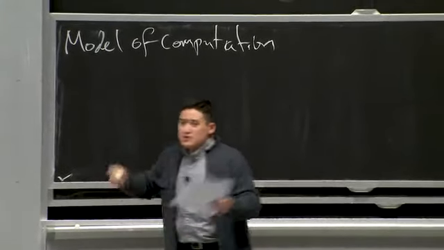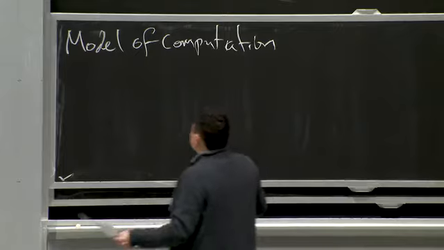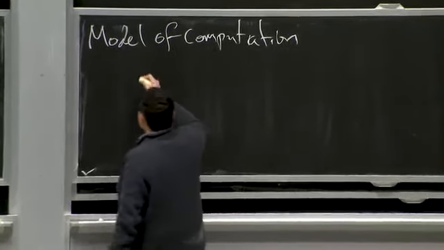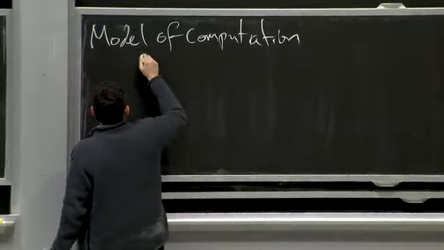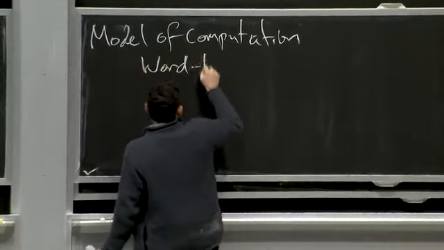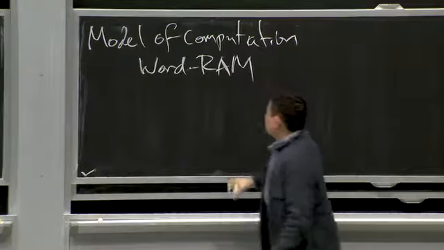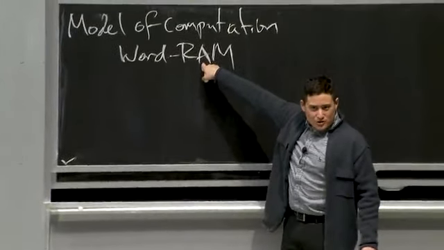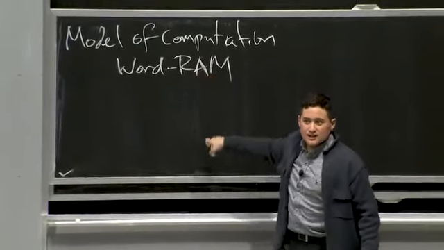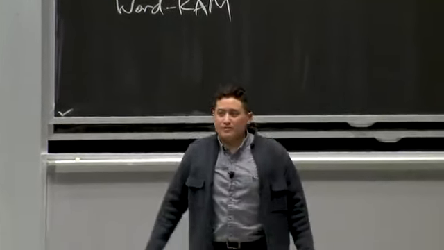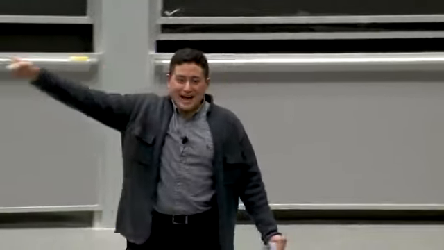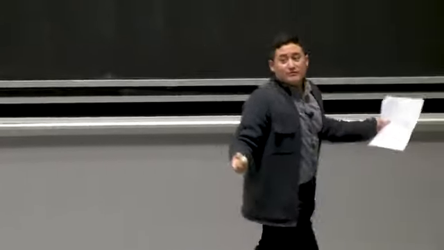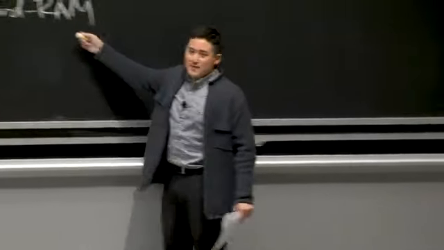In general, what we use in this class is a machine called a word RAM, which we use for its theoretical brevity. Word RAM is kind of a loaded term. What do these things mean? It means I have, does someone know what RAM means? Random access memory. It means that I can randomly access different places in memory in constant time. That's the assumption of random access memory.